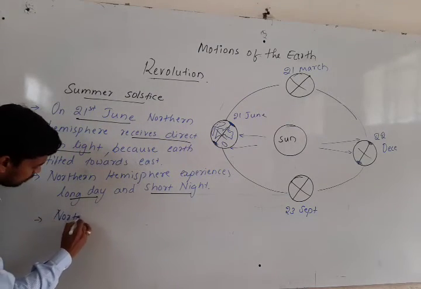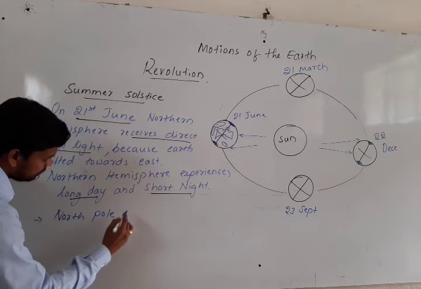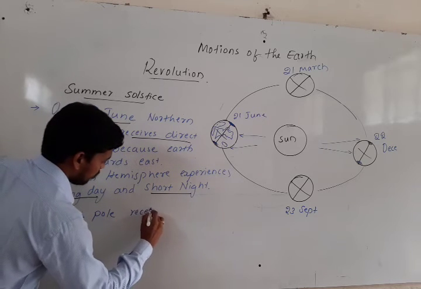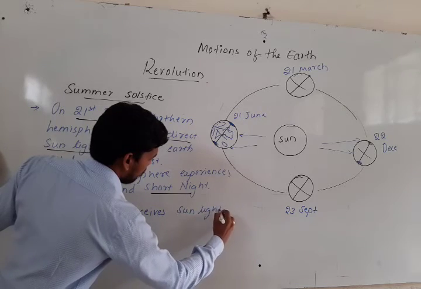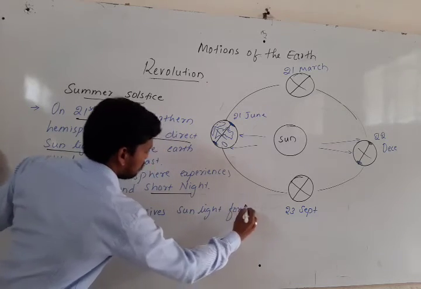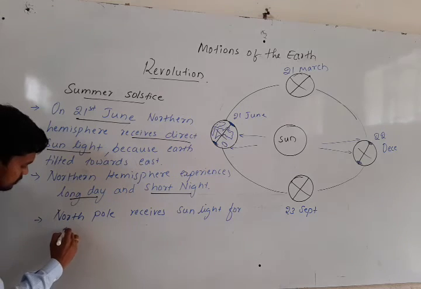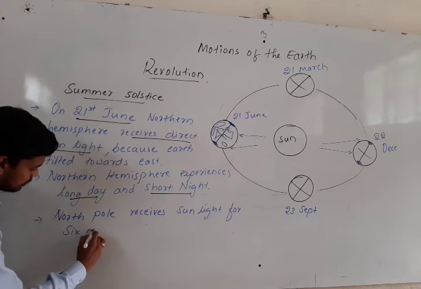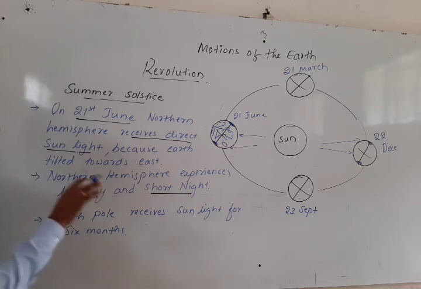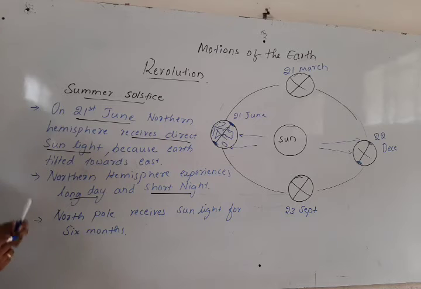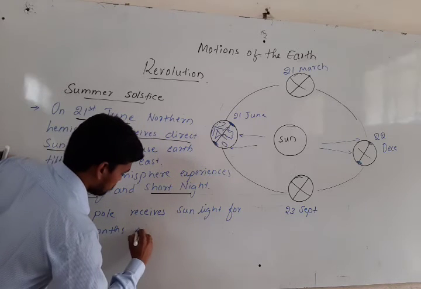The north pole receives sunlight for 6 months because it's facing towards the sun continuously.